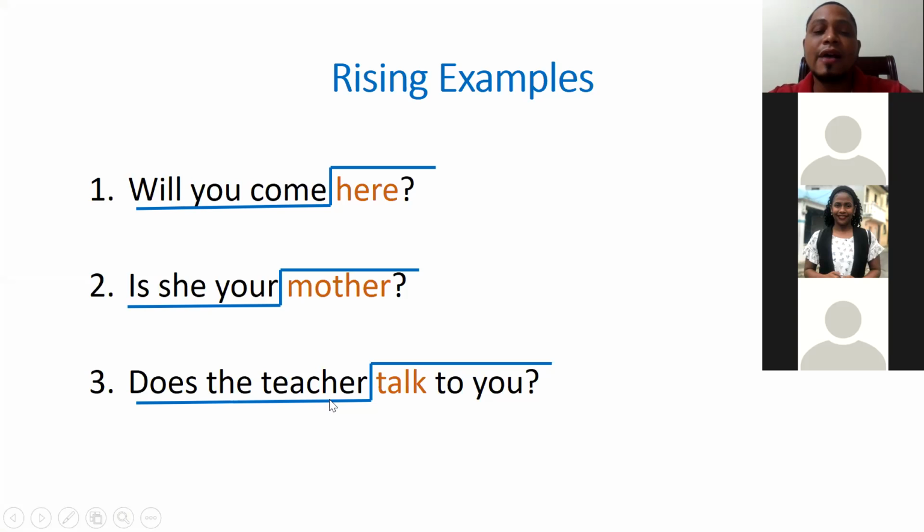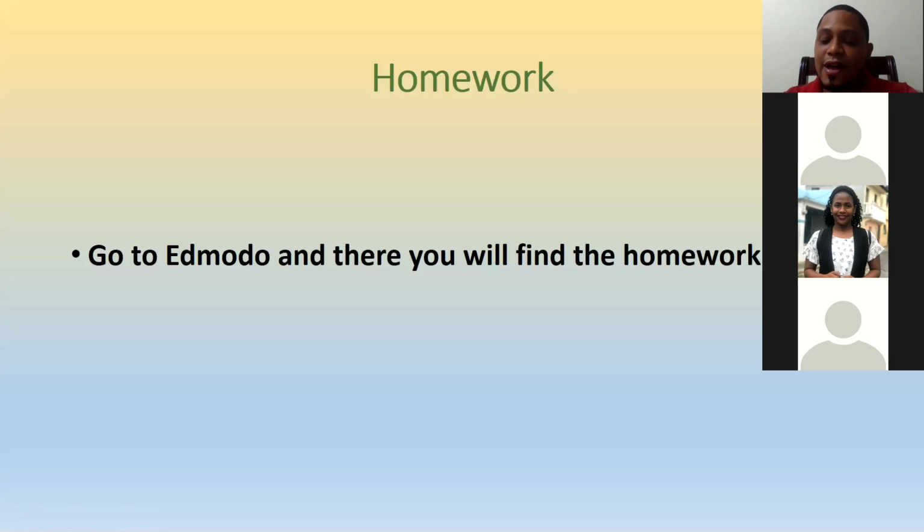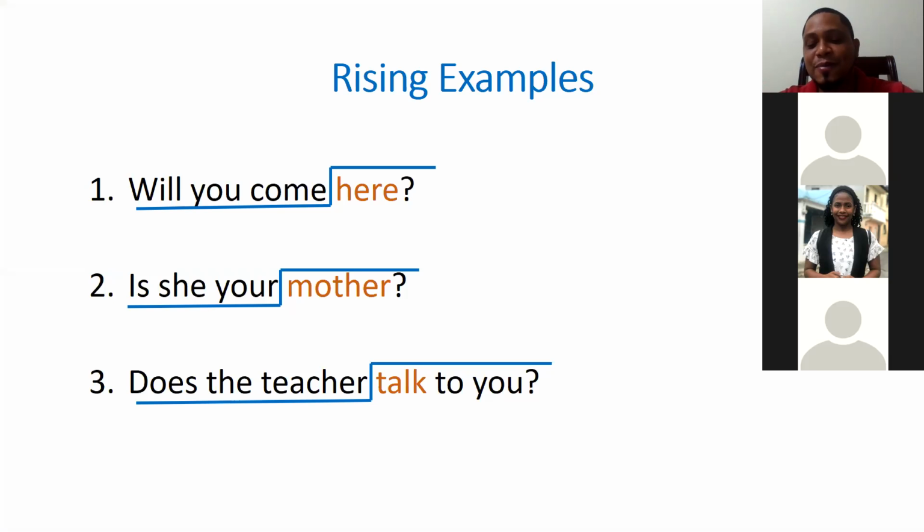Then I have some examples of the rising intonation that I just explained to you. And as you can see here, you give the high tone to whatever comes after the last content word, as you can notice in the example number 3. And that's it. Now that was a homework that I have for you, but we're not gonna do the homework.